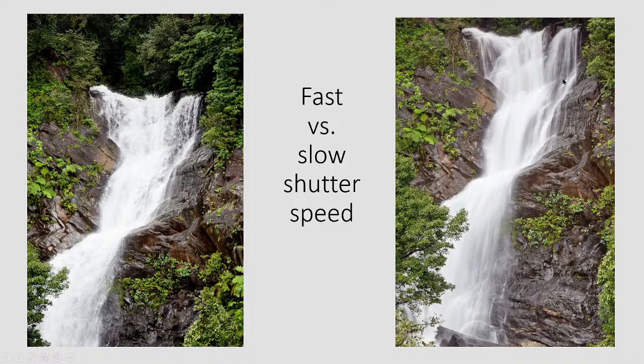So you will never get this sort of smooth flowing water. Now there is a drawback of this slow shutter speed. You can't handhold the camera at this particular slower shutter speed. You need a tripod or any other support, but you can give your own shutter speed for this particular shot.